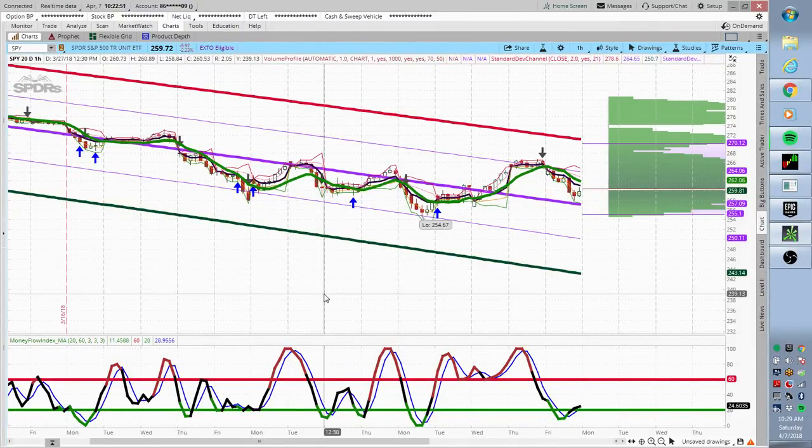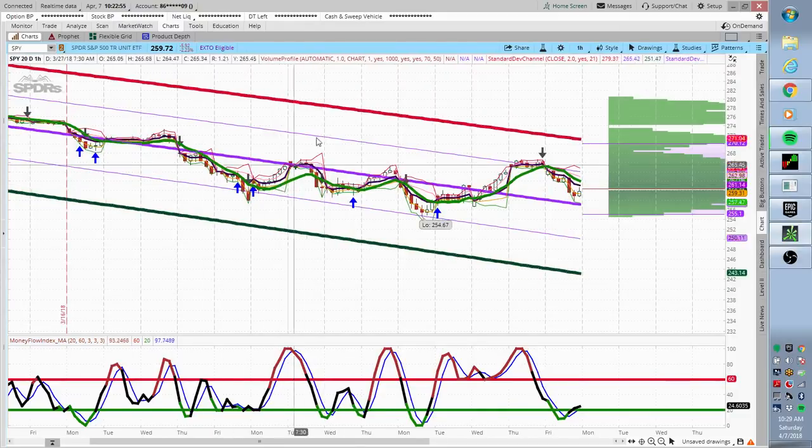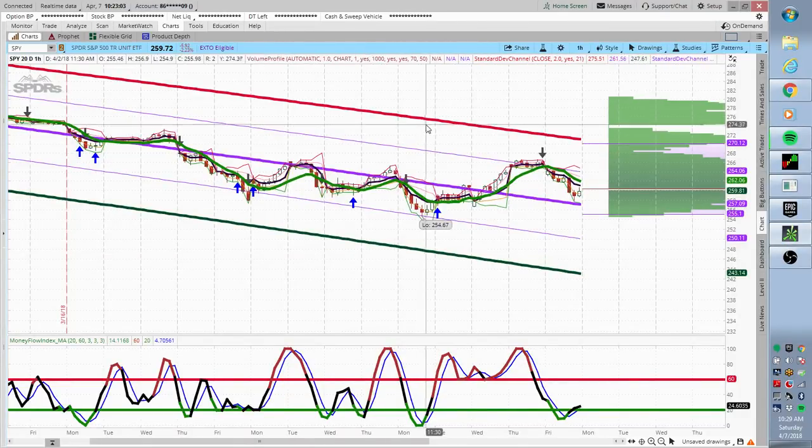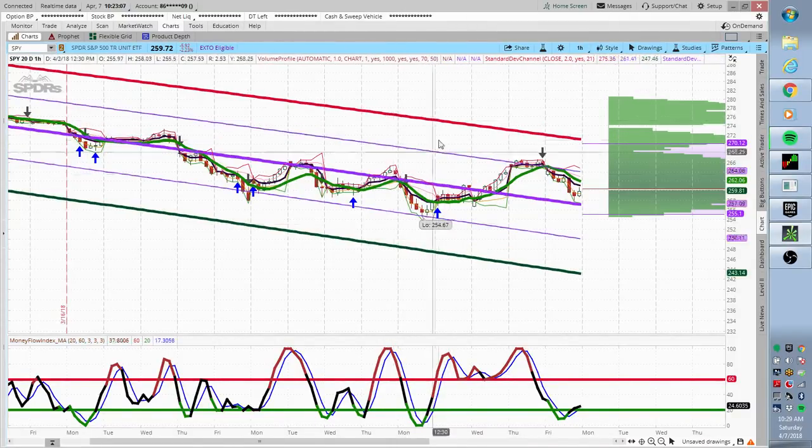Just quickly explaining how this all works: these lines here are standard deviations of volatility. They expand and shrink looking back over a 20-day lookback and looking at the volatility. And this area here captures 90% of the move.